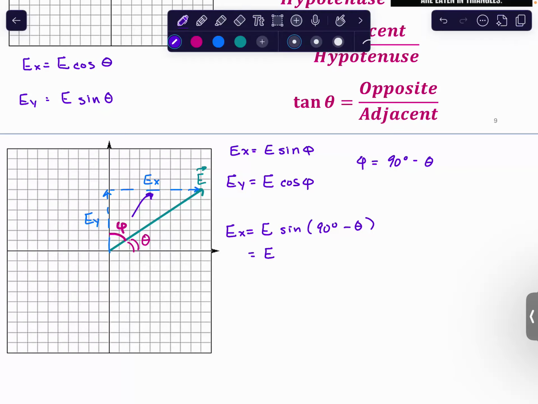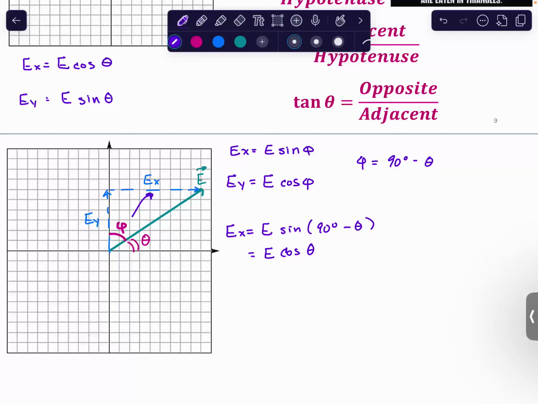Well, 90 minus theta is phi, but what is the trig identity? Sine of 90 minus theta is what? That is the definition of cosine of theta.